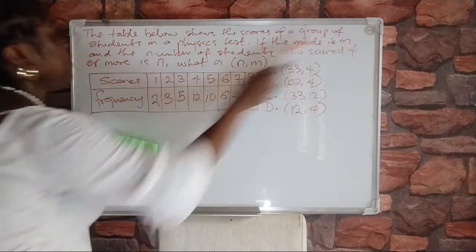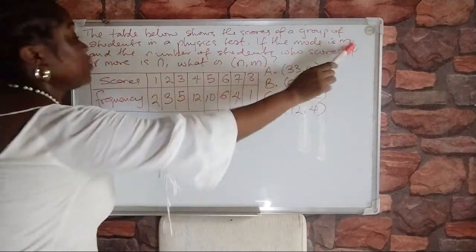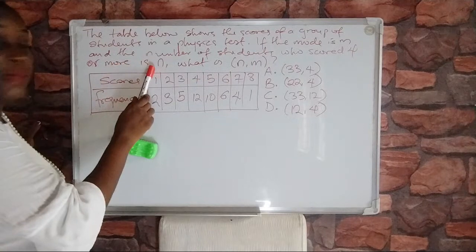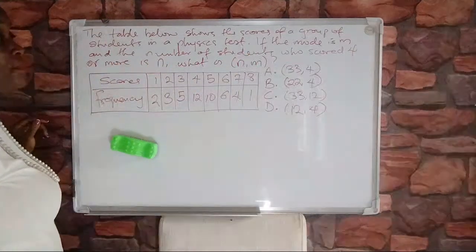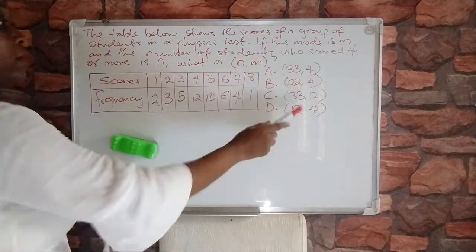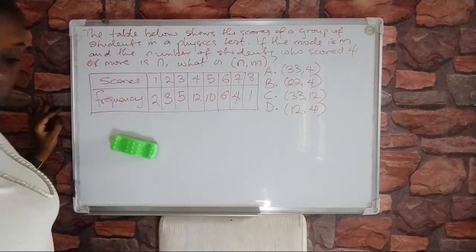If the mode is M and the number of students who scored 4 or more is N, what is NM? And these are the options we have below, okay?